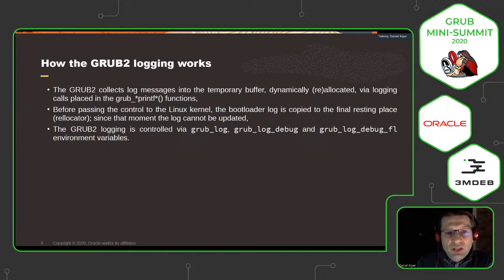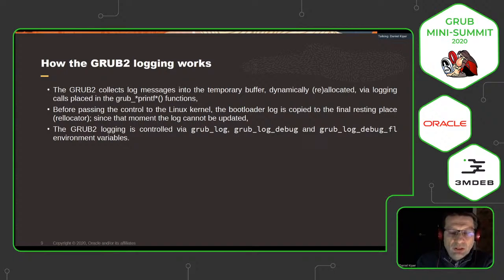The GRUB logging can be controlled through 3 variables. The first variable is grub_log, which is used to turn on and turn off logging to the log buffer. The second variable is grub_log_debug.